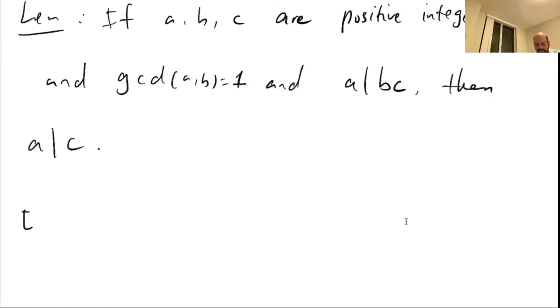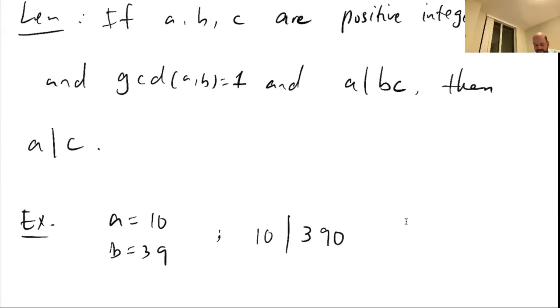So for example, let's say A equals 10, B equals 39, and 10 divides 390.